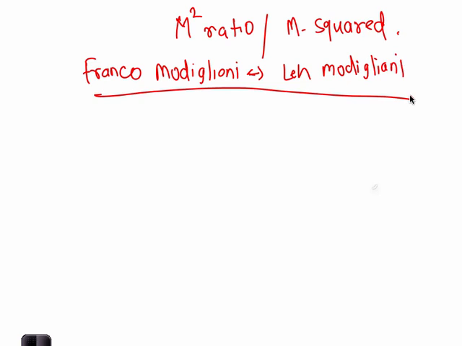Now the ratio looks fancy, but this ratio will get you the same answer that a Sharpe ratio will get you. So if there are 5 portfolios, A, B, C, D, E, and you want to select one of them, you will calculate the Sharpe ratio, and the one which is highest you will select. Do you agree?